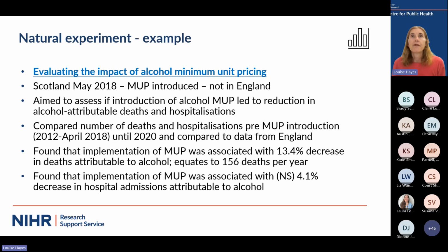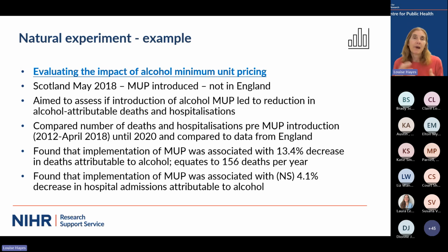An example of a natural experiment, which is relatively recent and received quite a lot of publicity, was the introduction of minimum unit pricing for alcohol in Scotland, which was introduced in 2018 and not in England. In this study, the researchers aimed to look at the impact of the introduction of the MUP on deaths and hospitalizations.